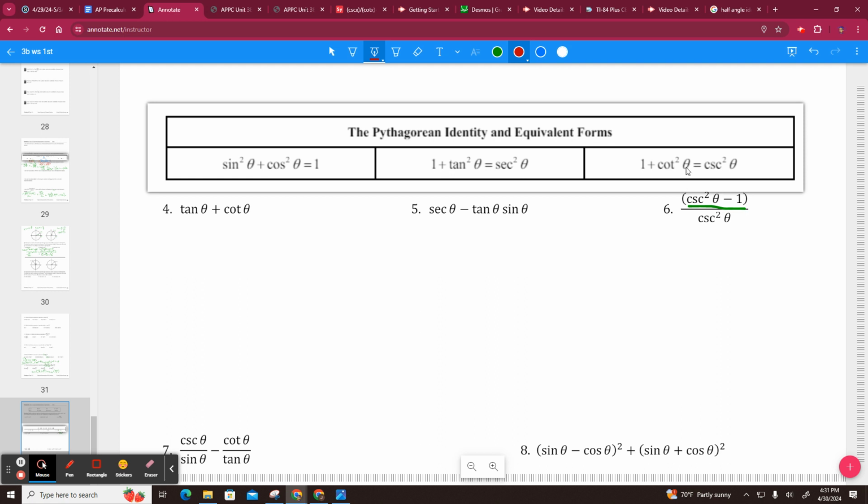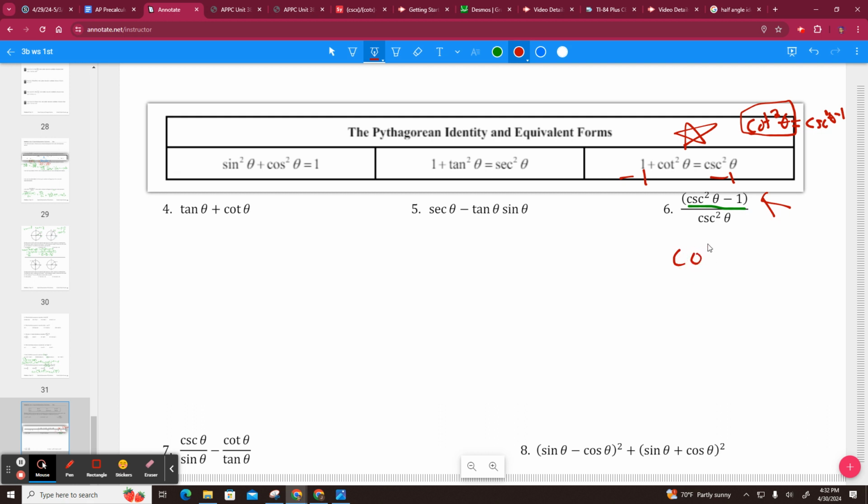So cosecant squared is in this one right here. But to get it to look like that, I need to minus 1 on both sides. And that gives me cotangent squared theta equals cosecant squared theta minus 1. So I can plug in cotangent, like, that gets cotangent by itself, and I can put cotangent right there.